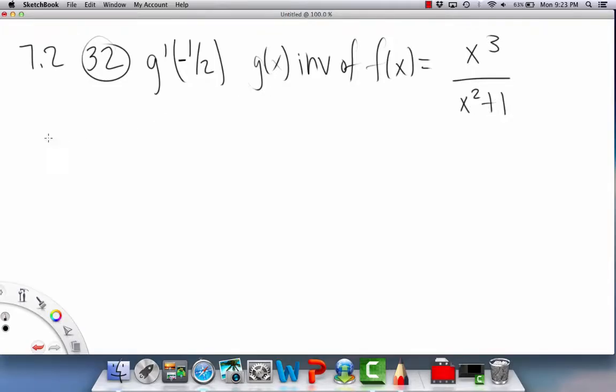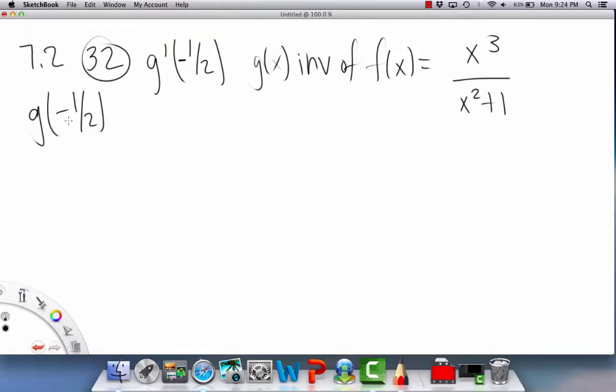We're going to apply the same rule that we used in the last problem. We should figure this out first, so that we can plug it into the f prime later.